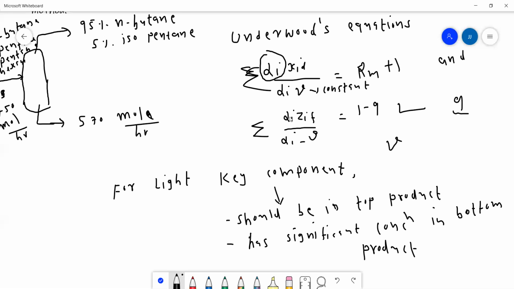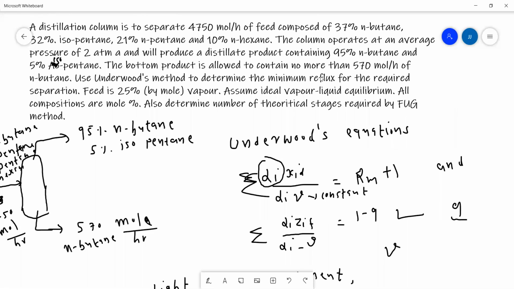You can see that N-butane is found in the top product as well as in the bottom product. The bottom product is allowed to contain not more than 570 kilomoles per hour of N-butane, and the top product contains 95% N-butane.